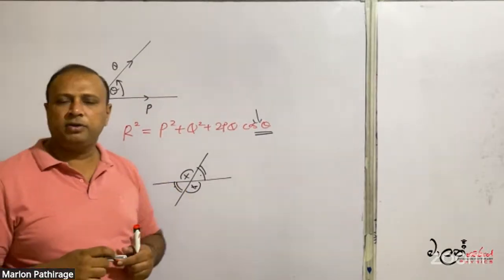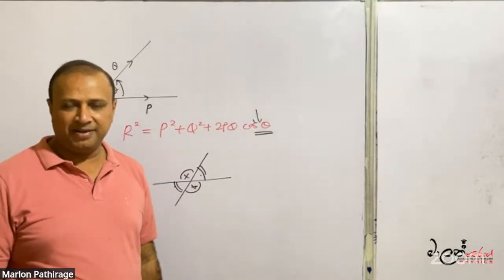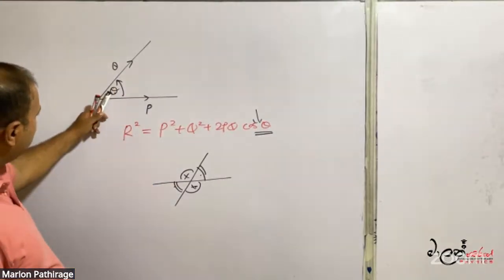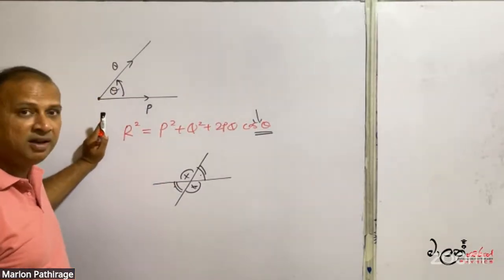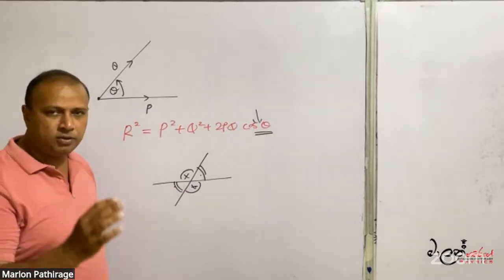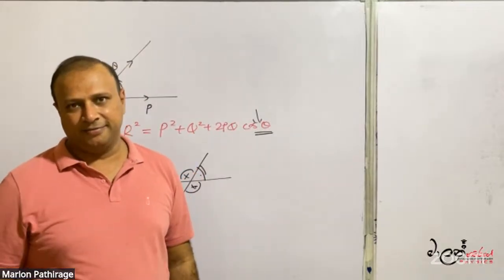Therefore, if we consider two straight lines, there are two angles. But remember, what are the characteristics of this angle? You have to understand the characteristics of that angle.